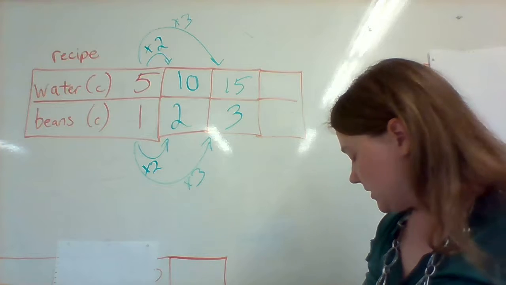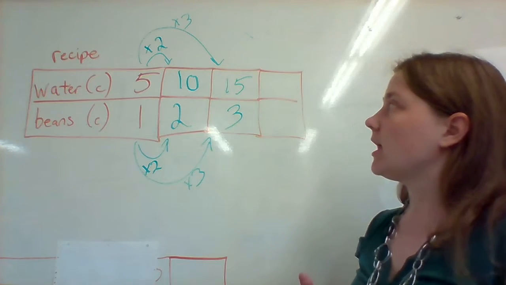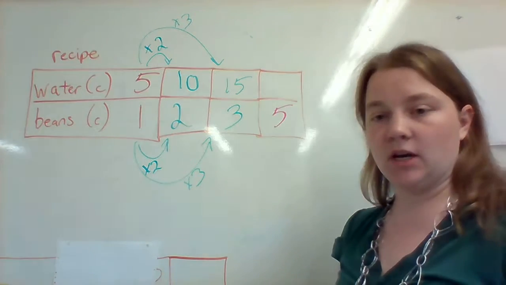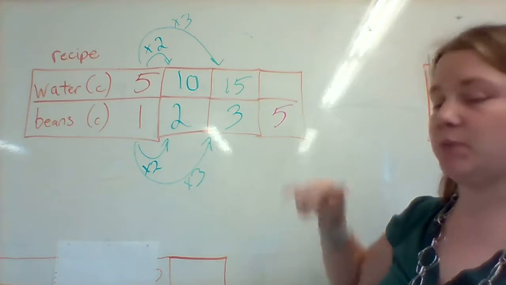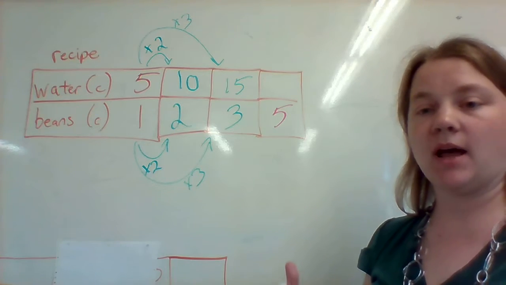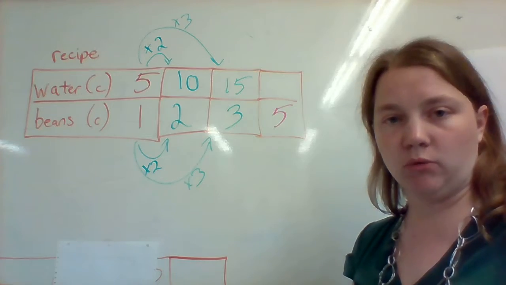But the question is, what happens if our recipe needs 5 cups of black beans? If we have 5 cups of black beans, how much water do we need? Well, first we need to figure out how did we go from 1 cup to 5 cups using multiplication or division.